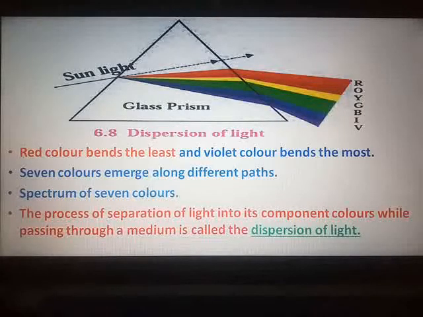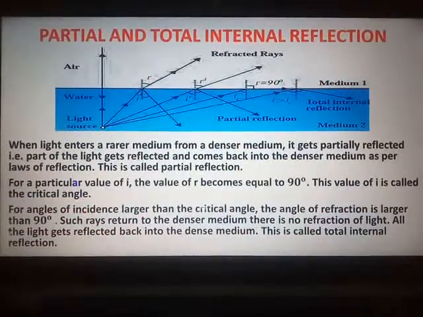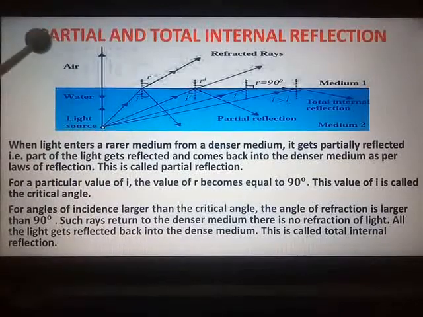Now we move on to the next topic, partial and total internal reflection. Here you can see a diagram.